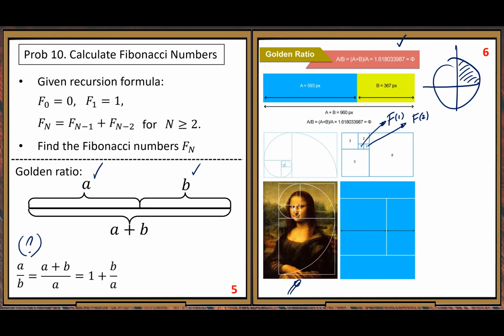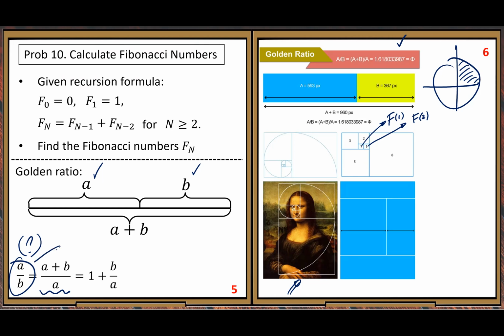Ancient people felt this was a beautiful way to connect line segments. Then we try to find the ratio A over B. After we simplify A plus B over A, we get the expression 1 plus B over A.